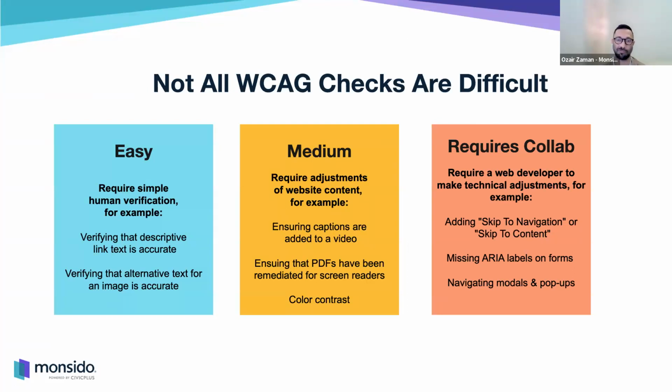You can access this via your content management system, just a quick text change and you're done. It just requires a quick human decision from your end. Similarly, verifying alternative text for an image is accurate. Just a quick check: does it match what the image is about? If so, you're happy. If not, it's easy to change as well.